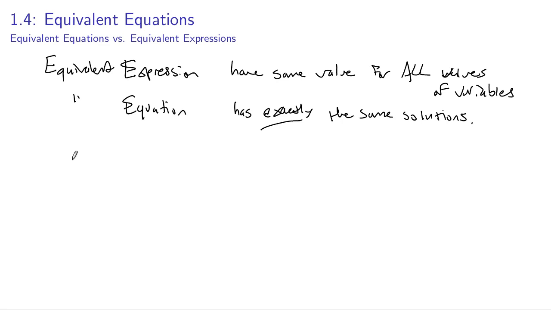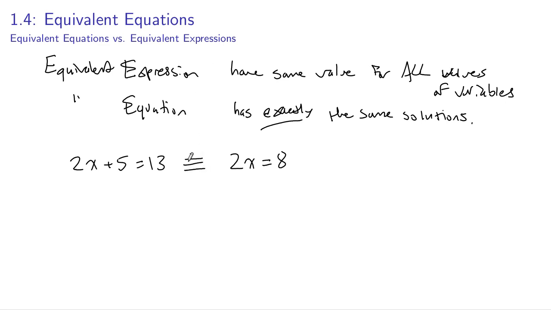So, 2x plus 5 is 13 and 2x equals 8. Is that an equivalent expression or an equivalent equation? Well, the equals is our first hint that these are equations. The second hint is that 2x plus 5 is not the same as 2x for all values of the variables. These are equivalent equations.